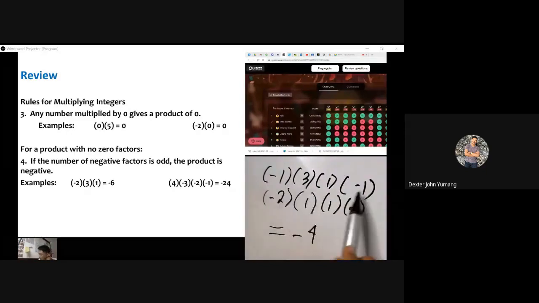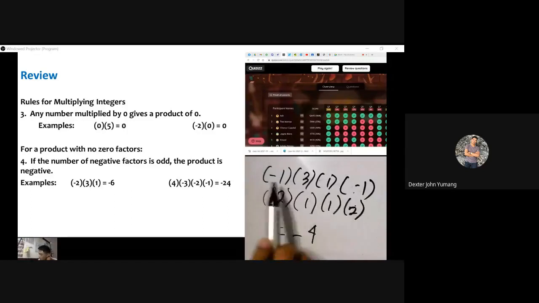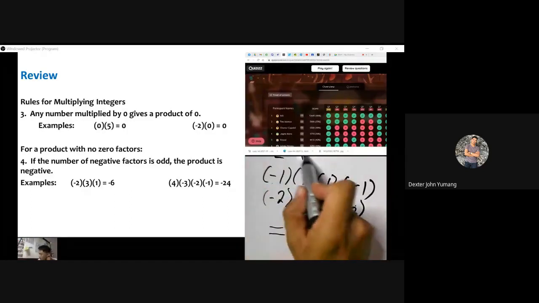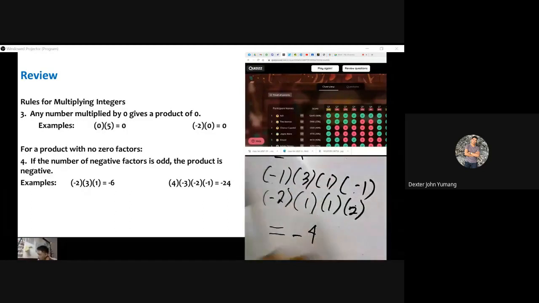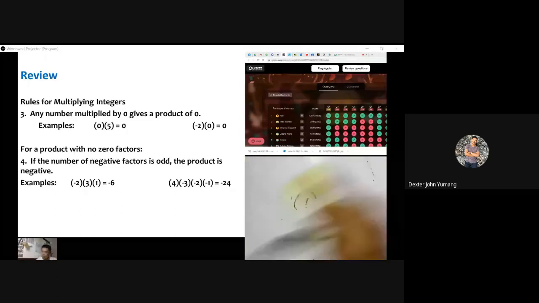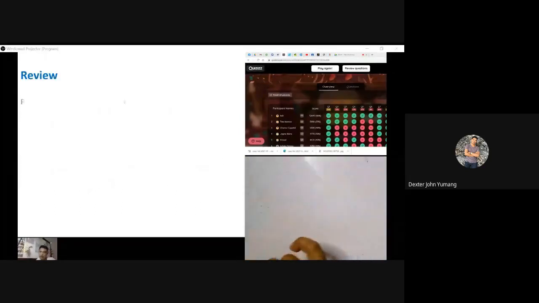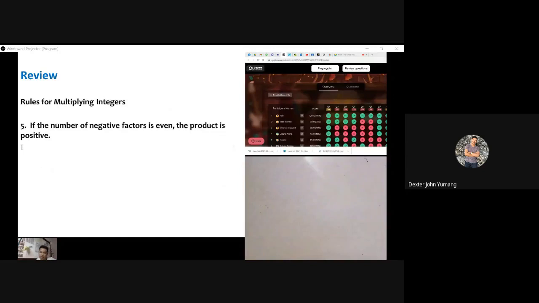Ilan po ang negative dyan? Dalawa. In that case, positive po ang sagot. Okay? Bakit po? Kasi negative times negative magiging positive. And i-multiply lang yan sila lahat, yun na po yung sagot. Okay? Yan po yung sinasabi dyan sa number 4. Huwag na kayo magpalito dyan. Next, multiplying naman po sa even at, tapos na yan.